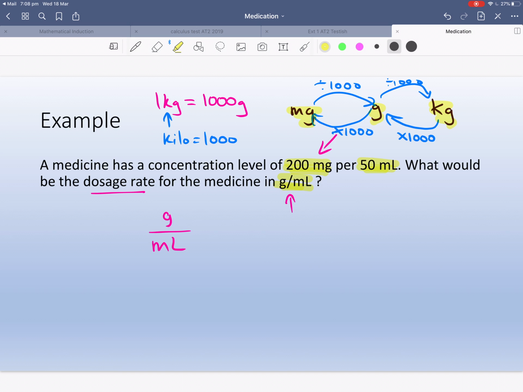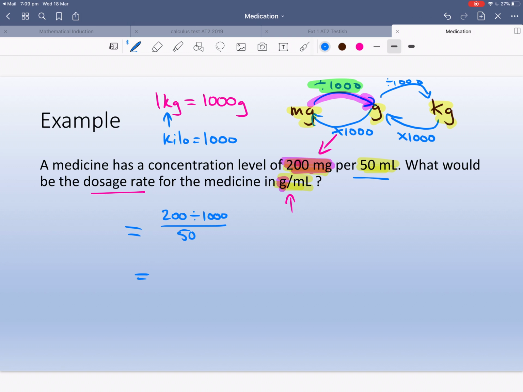With that in mind, what do we have to do to change 200 milligrams to grams? Well, we have to follow this path, which means that we have to divide by 1,000. So let's write that down. So we're going to go 200 divided by 1,000 over 50 milliliters.